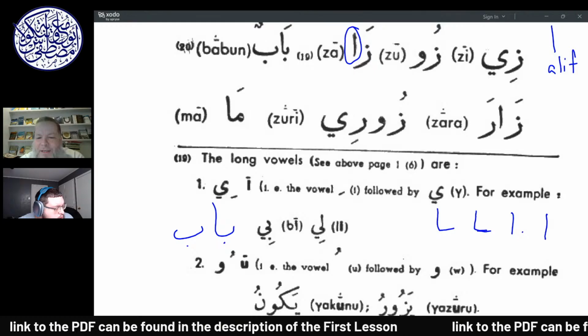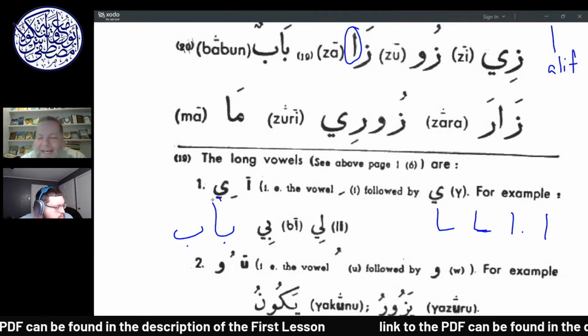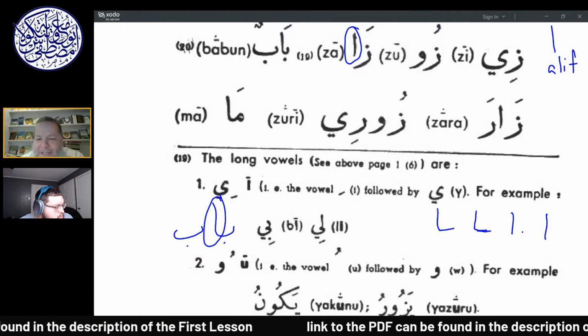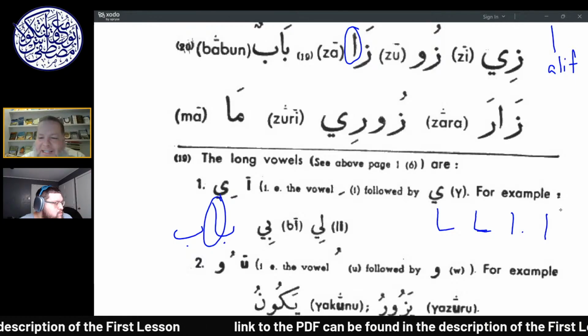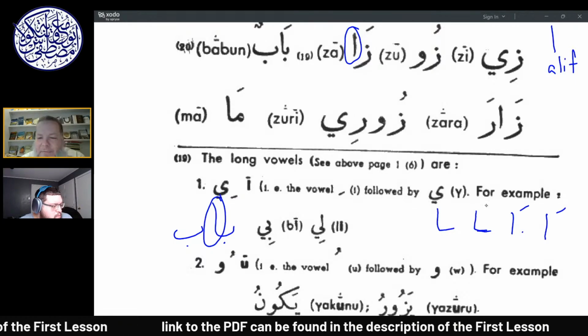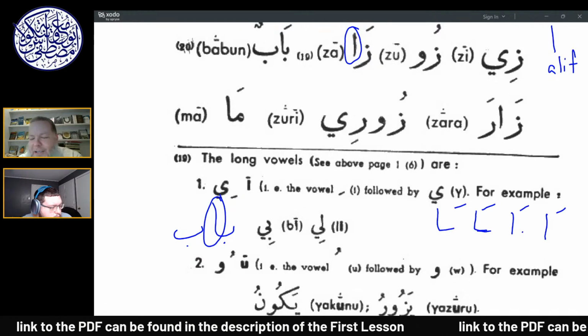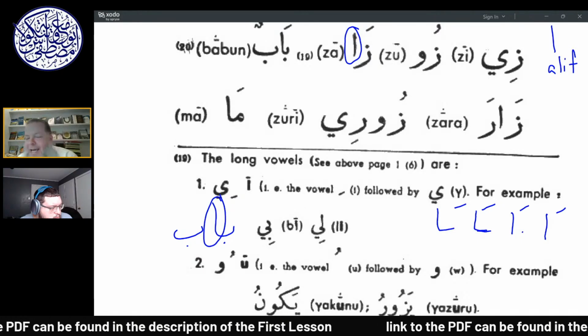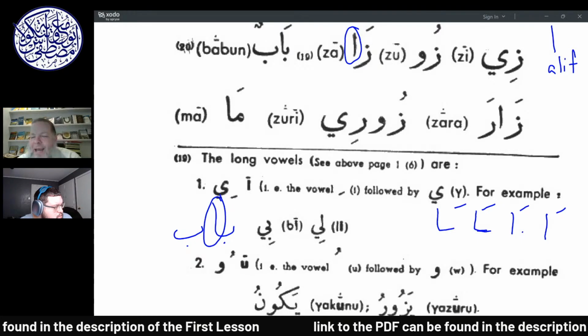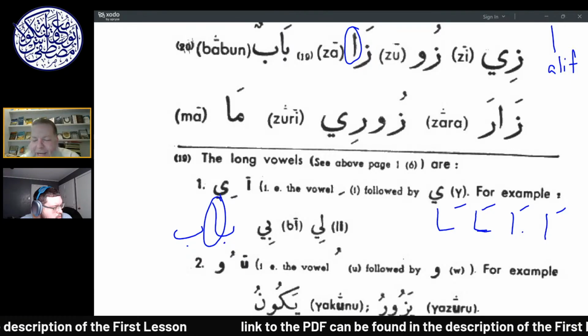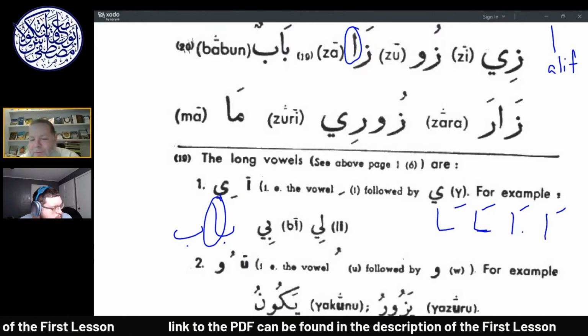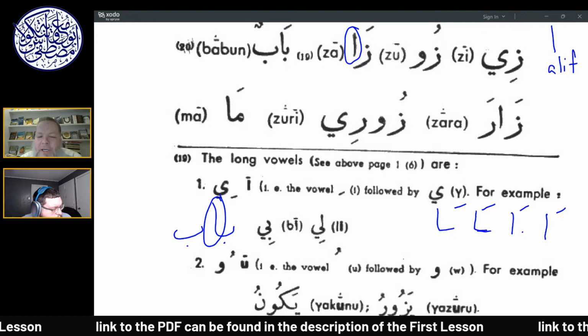This letter here is an aleph, and a fatha is going to come on the letter before it, and it's going to make the long A sound. When we mean long A, we don't mean A like AY. We mean as if you're holding it for two counts.